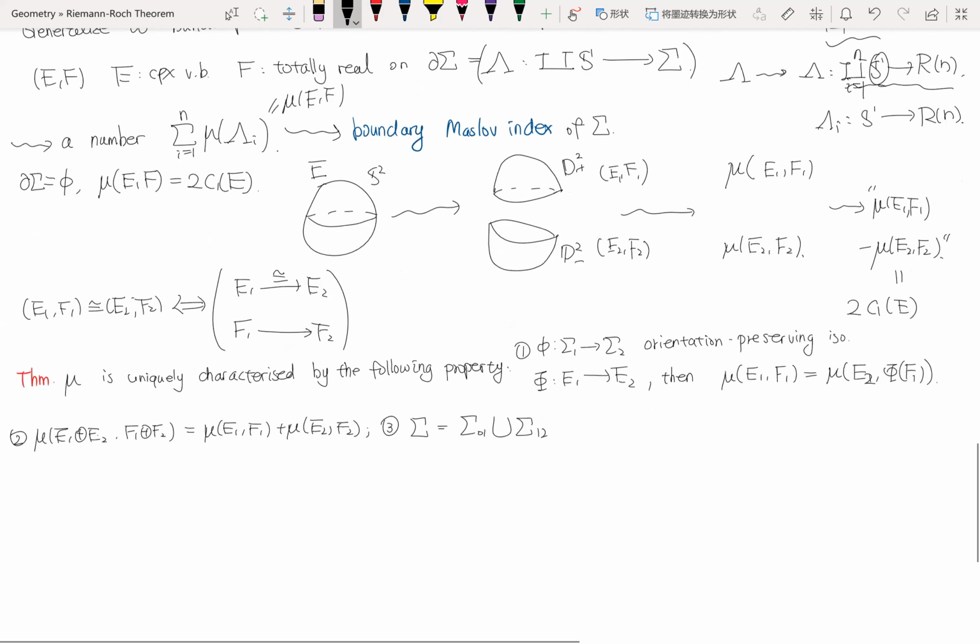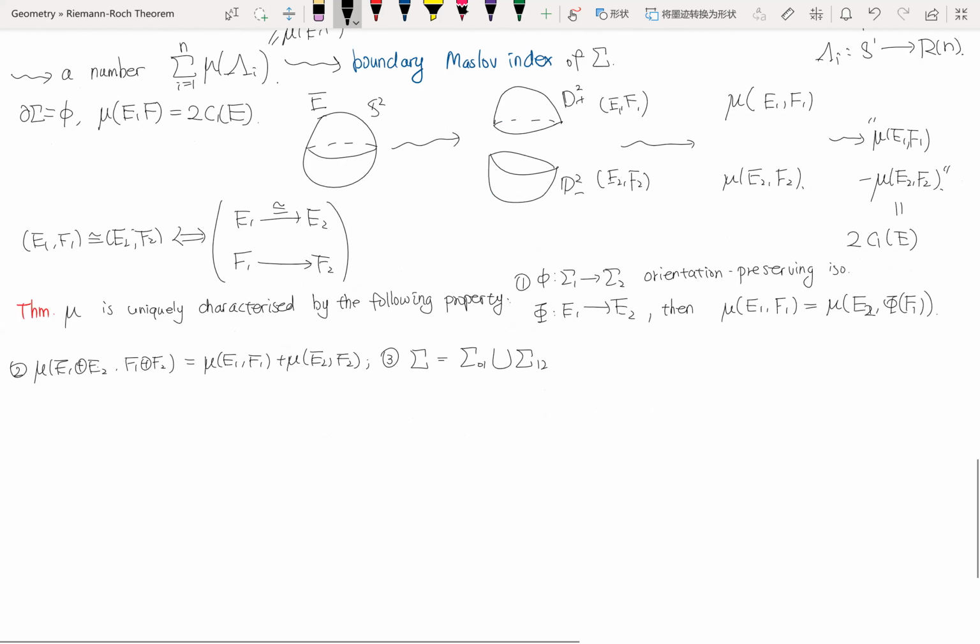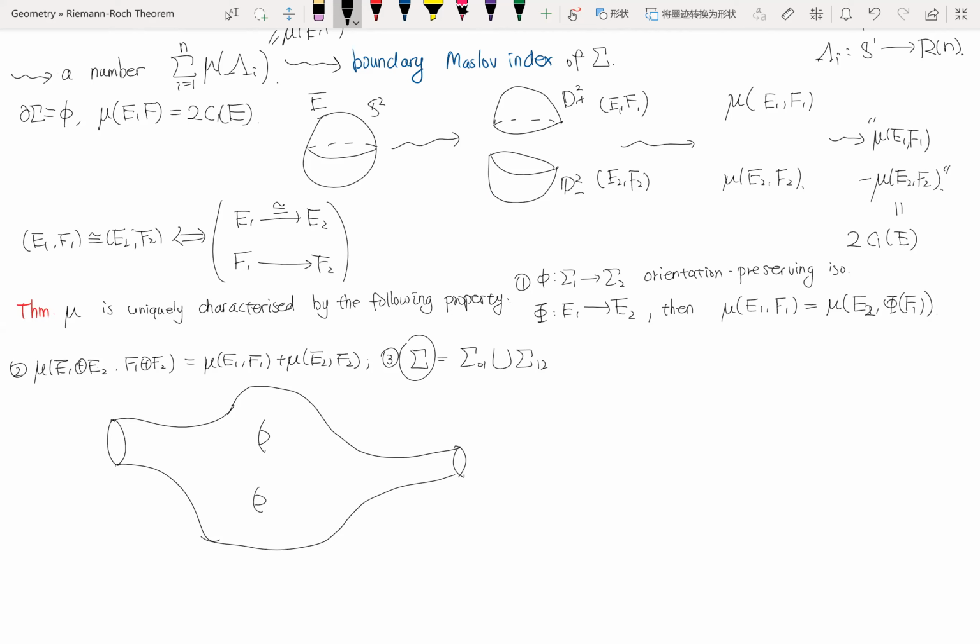this means that if we write Σ as a cylinder, and here there are some holes, and then we decompose it into levels 0, 1, 2, then we get Σ_{0,1} and Σ_{1,2}, so it is Σ_{0,2}.